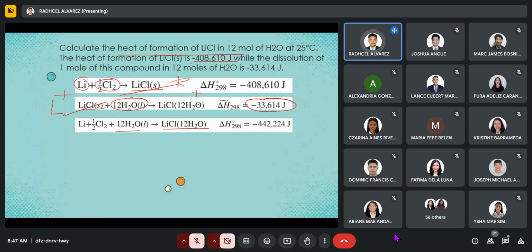So, meron tayong negative 408,610 joules plus negative 33,614 joules, giving us the final answer. Nakuha nyo ba ito? Tama ba ang ating final answer dito? Yung negative 442,224 joules?